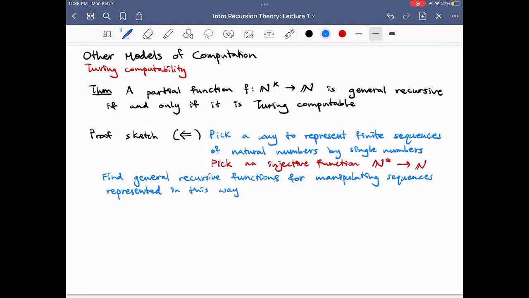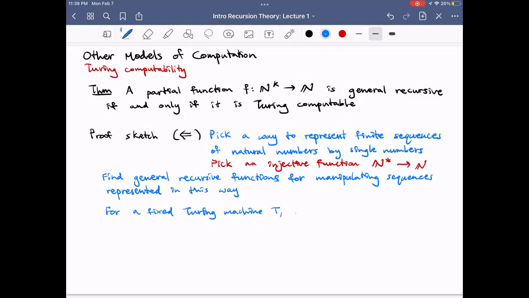And then finally, if we have a fixed Turing machine T, let's say, we want to show that the function computed by T is a general recursive function.